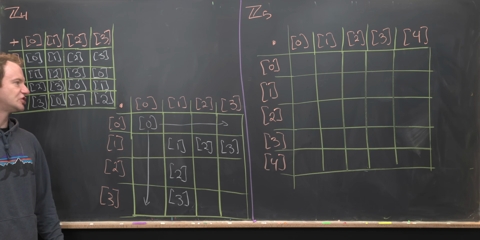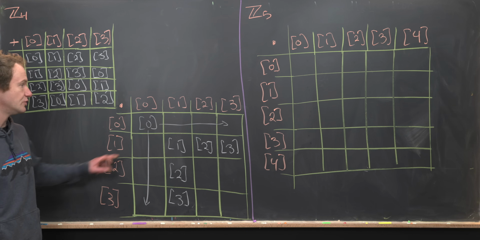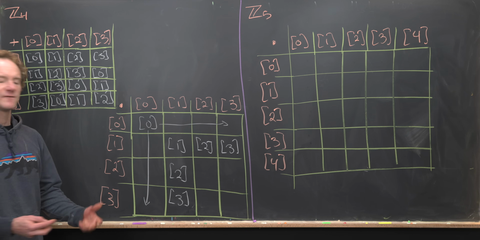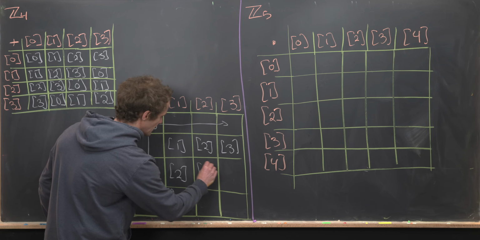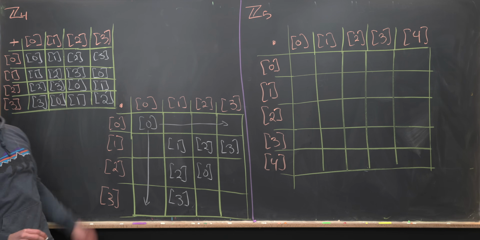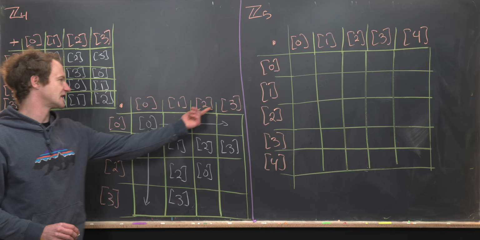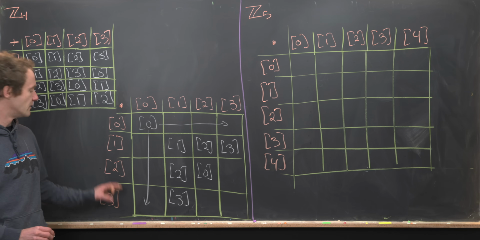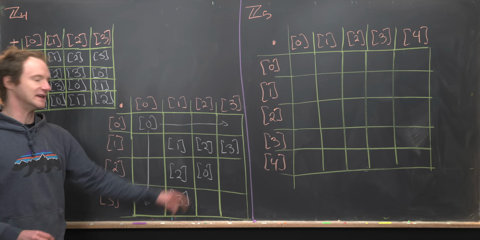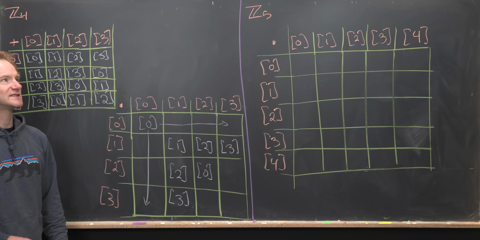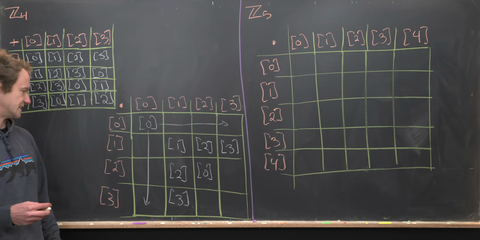Now let's multiply by 2 and see what we get. So 2 times 2 is 4, but 4 is equal to 0 because we're working in Z4. Now that's pretty interesting because we've got these two objects, neither of which are 0, but when we multiply them together, we get 0. So that's how this does not act like the normal integers.